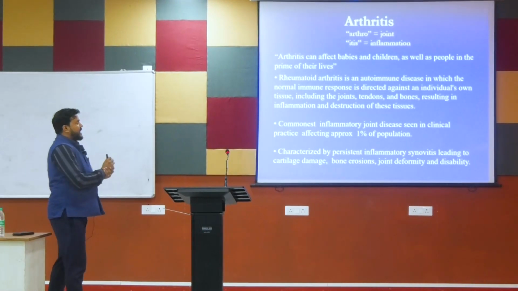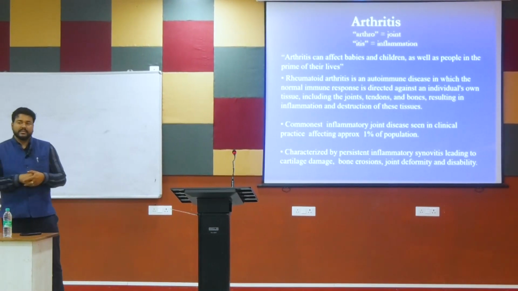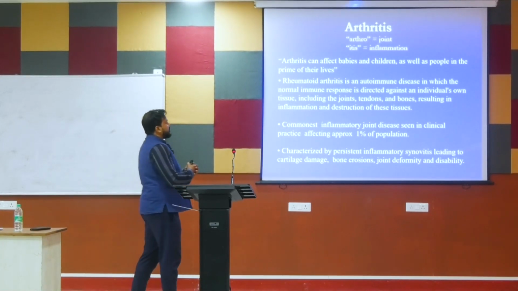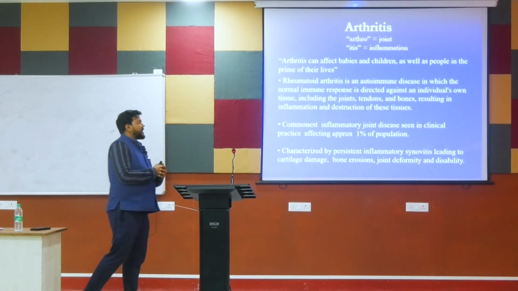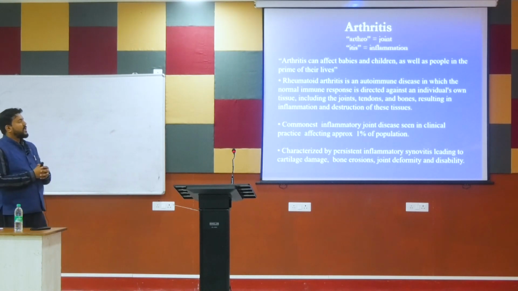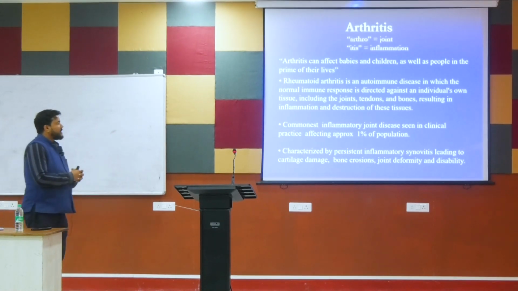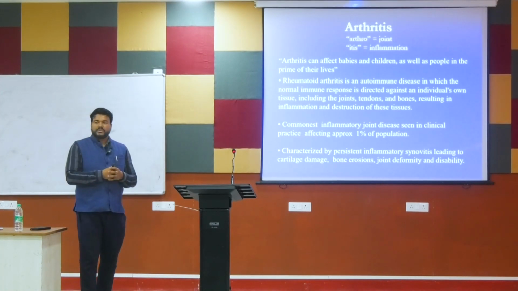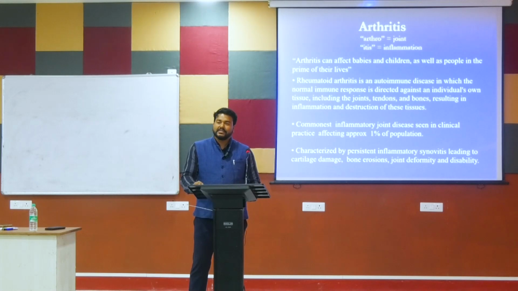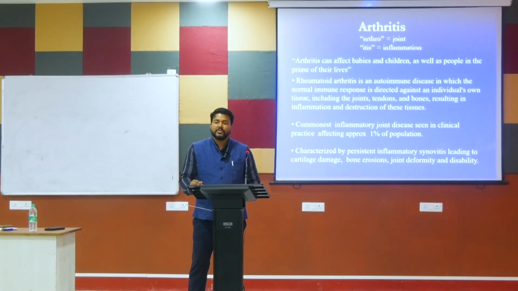So rheumatoid arthritis is an autoimmune disease, in which the normal immune response is directed against an individual's own tissue, including the joints, tendons, and bones, resulting in inflammation and destruction of this tissue. What do you mean by autoimmune disease? Immunity against own tissue.